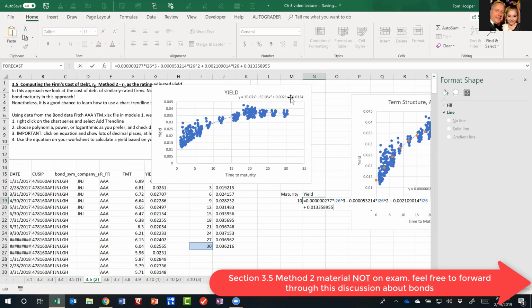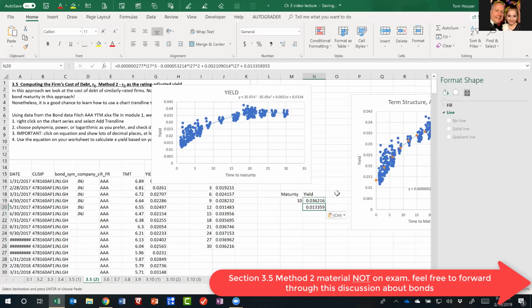So if I typed in this to calculate the yield from the bond, if I typed in 0.000003, which is what 3 times 10 to the minus 7th is, and then 0.00005, you can guess I probably wouldn't get the right answer. Let's do it that way.